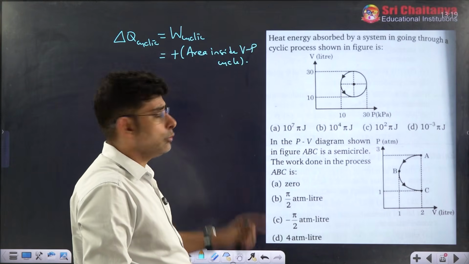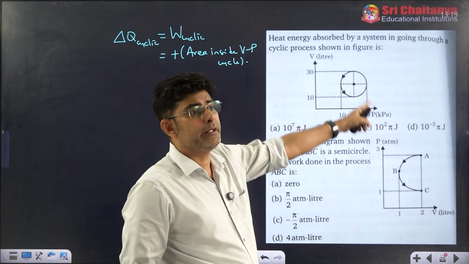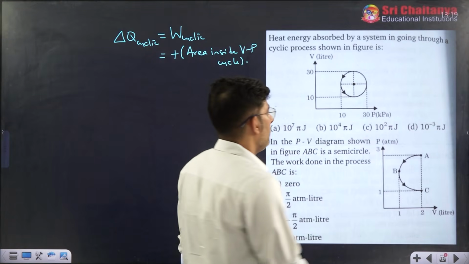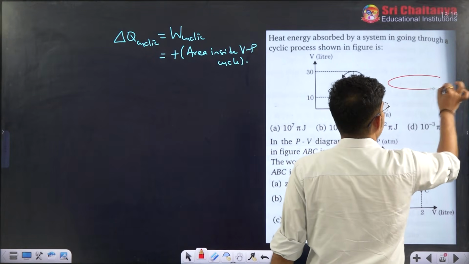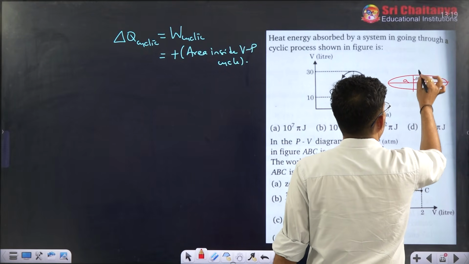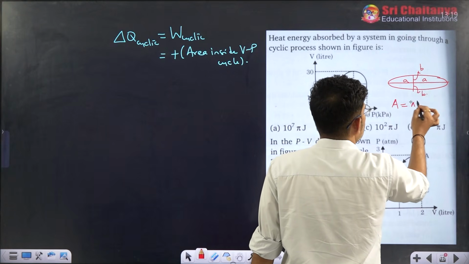Next is the thing where students commit a mistake. If this is shown as a circle, don't take it as a circle, treat it as an ellipse. Why? Because on one side you have pressure, on the other side you have volume. So always treat it as an ellipse even if they give you a circle. And for an ellipse, you know, this being A, this being B, semi-major and semi-minor, the area is pi AB.